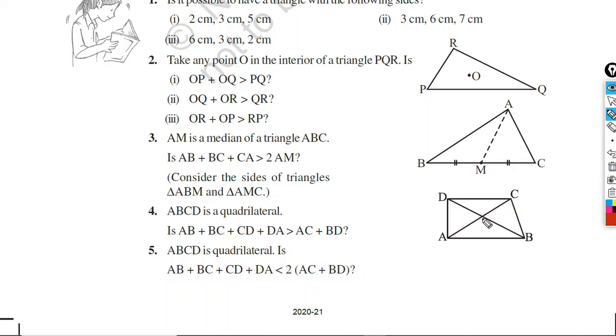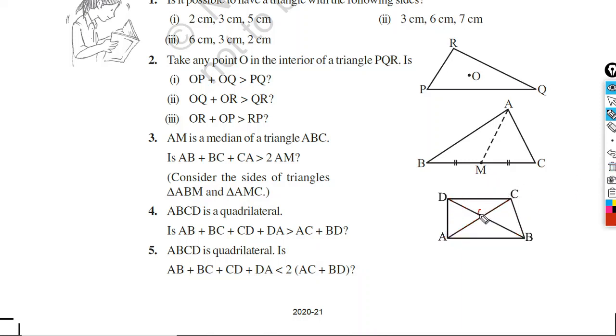Here we will take small triangles. Give a point O inside, and take the small triangles AOB, BOC, COD and AOD. In these 4 triangles we will try.